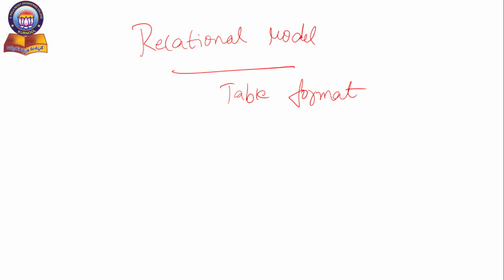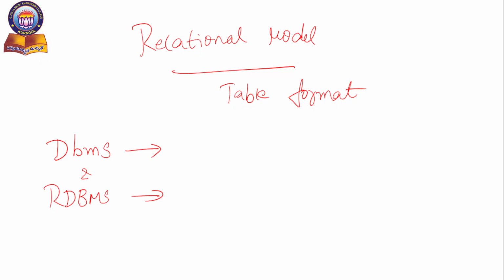First of all, we will consider one simple, clear-cut example. Everybody will have some doubt: are DBMS and RDBMS the same or not? They are the same, but the data storing and managing capacity is somewhat different.